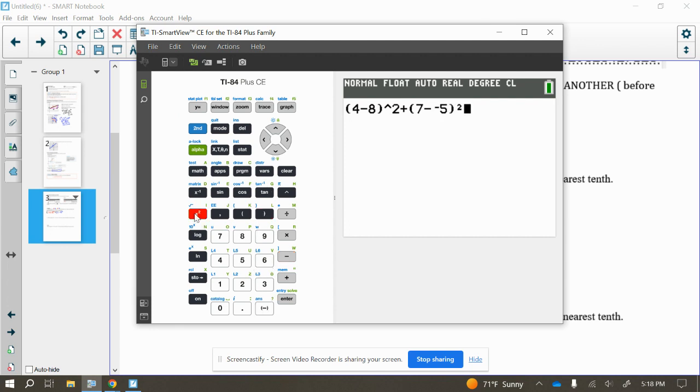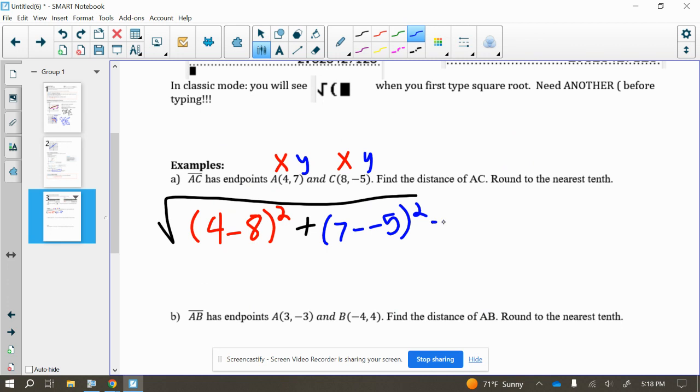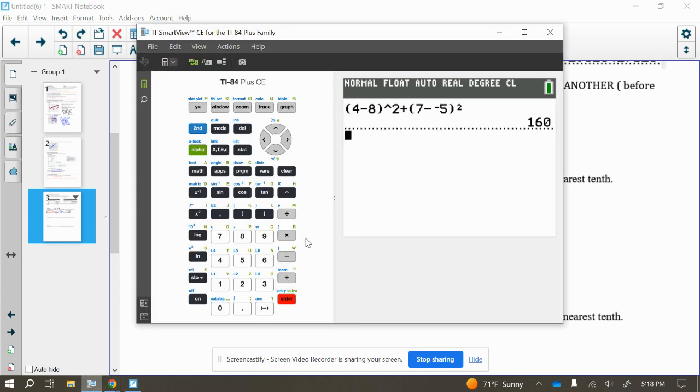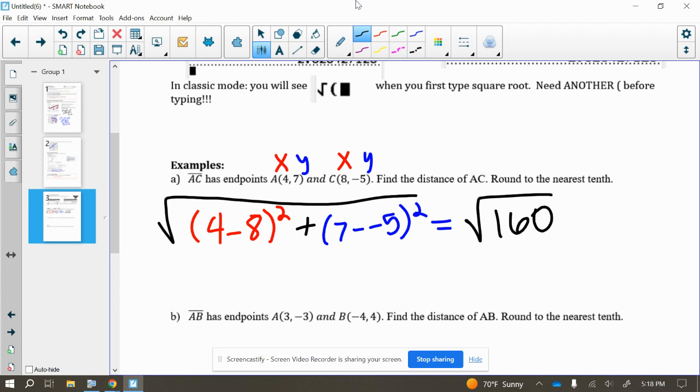Again, close that parenthesis, quantity squared. Okay, whether you see the caret, the squared. And underneath right now, my square root, I have 160 underneath there. Okay. Then I could take as a separate step the square root, so I make sure I don't have any parenthesis issues. I should get 12.6 as my rounded answer.